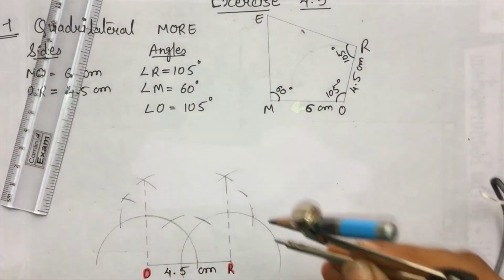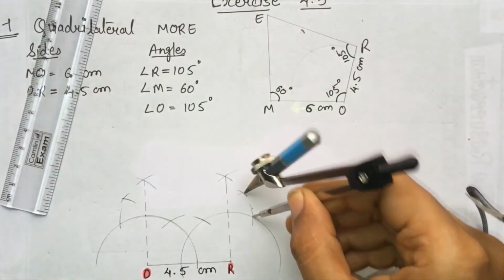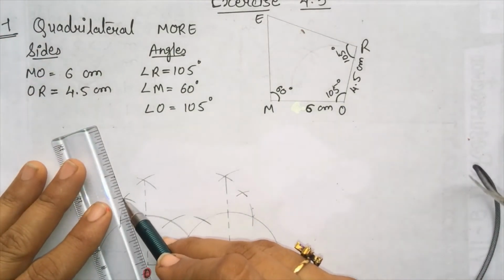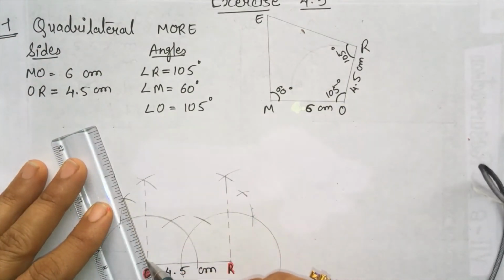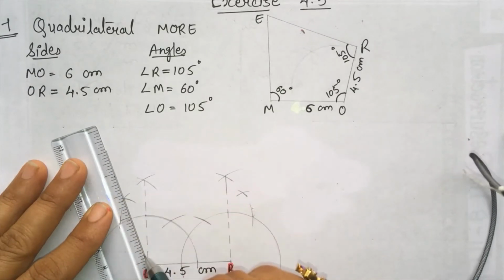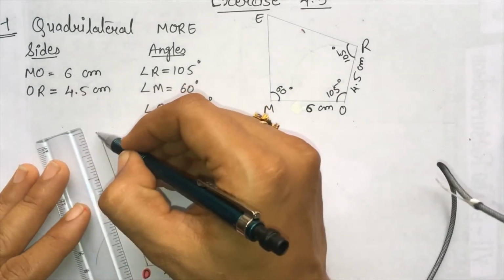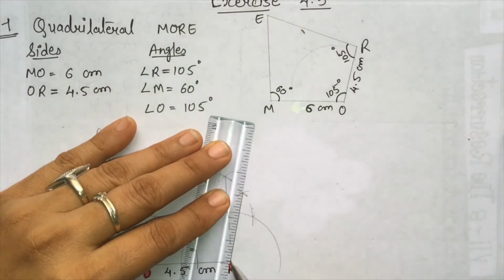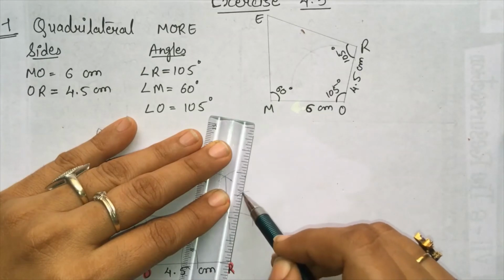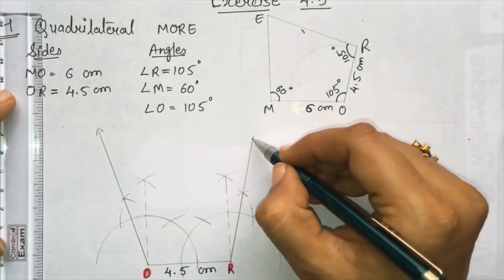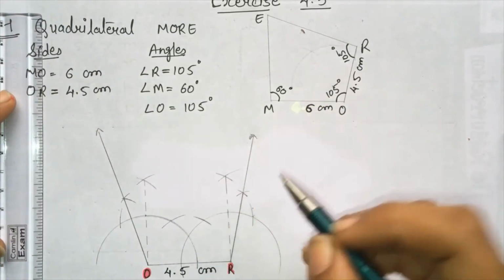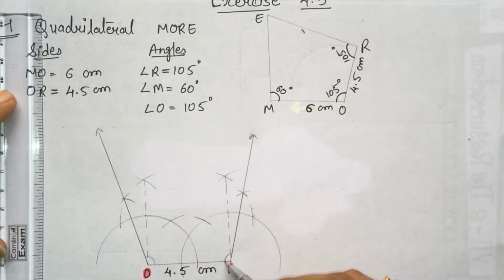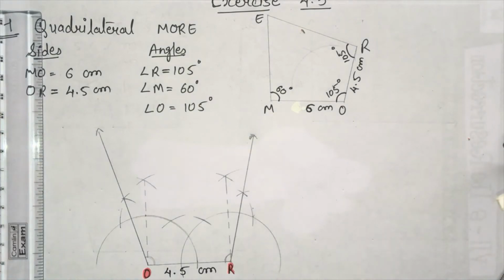So this is the first and the second, and we will be joining these two. From O to this point of intersection we will draw one ray, and over here from R to this point of intersection we will draw a line segment and then extend it. So these two angles we have got, this one and this one, both are 105 degree.